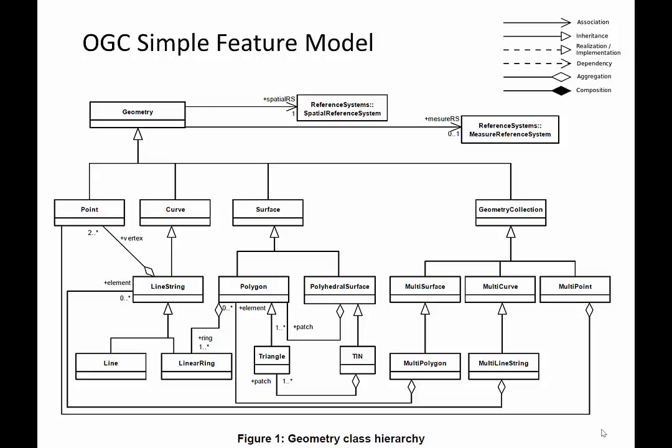It is a model that underlies the spatial model in PostGIS and indeed in many other systems as well. Basically, if you're doing spatial vector data, you should have a reason not to be following the OGC model to a certain extent. And we can see it's made up of a variety of objects.